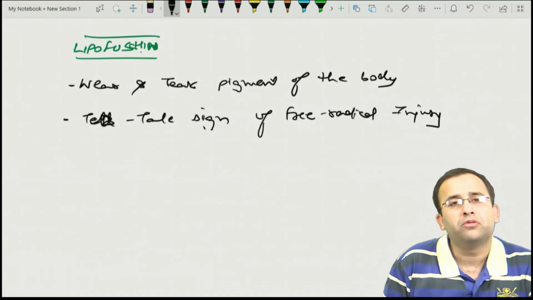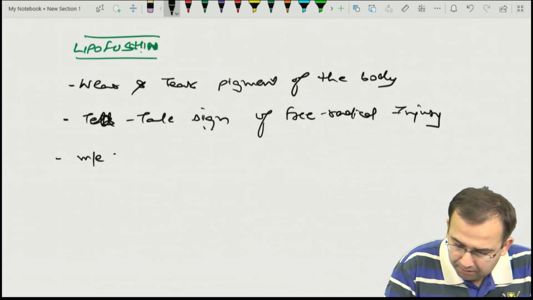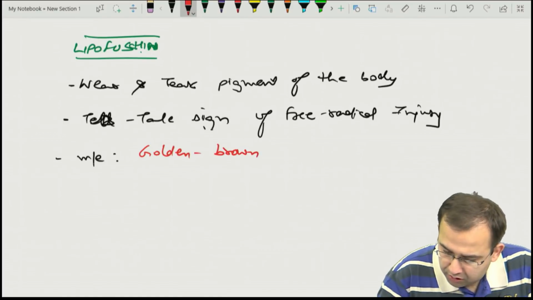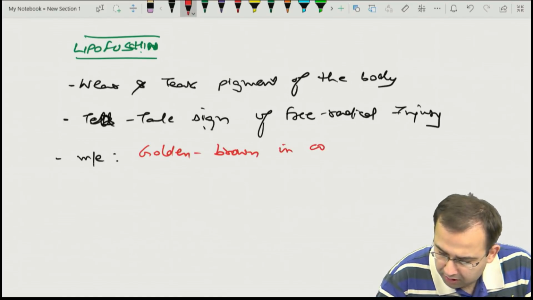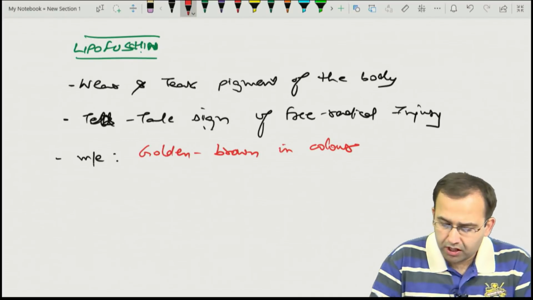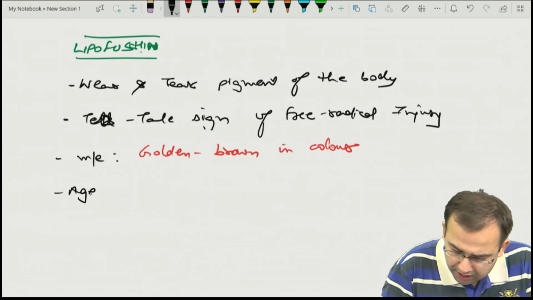Next point, lipofuscin, microscopically, it is golden brown in color. It is associated with aging.